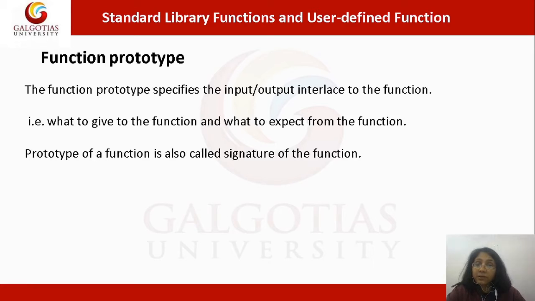Prototypes therefore specify the input-output interface to the function, because it tells what is to be given to the function and what we should expect from the function. Therefore, prototype is also called the signature of the function. It gives you the structure of the function.